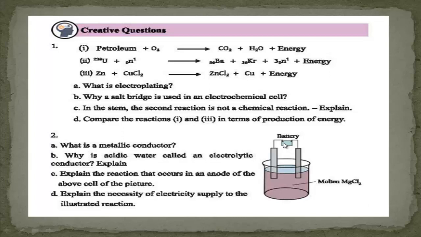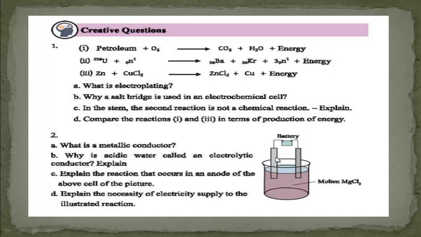When you supply electricity using this battery, one electrode will be positively charged and another electrode will be negatively charged. The positively charged electrode is called the anode and the negatively charged electrode is called the cathode.